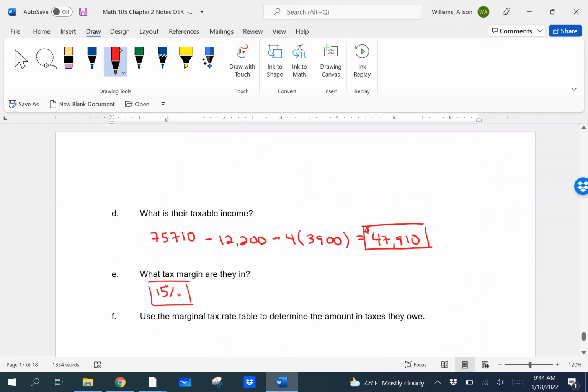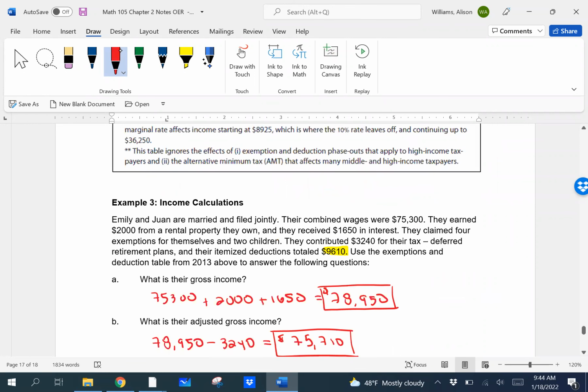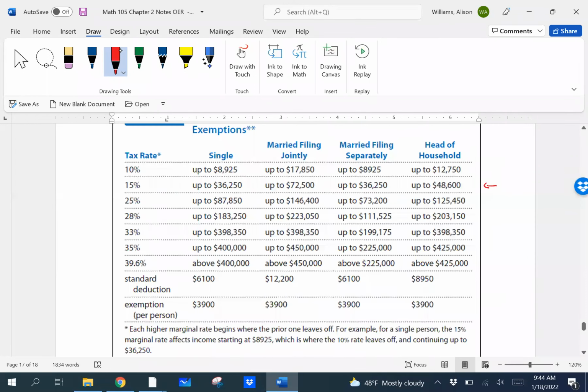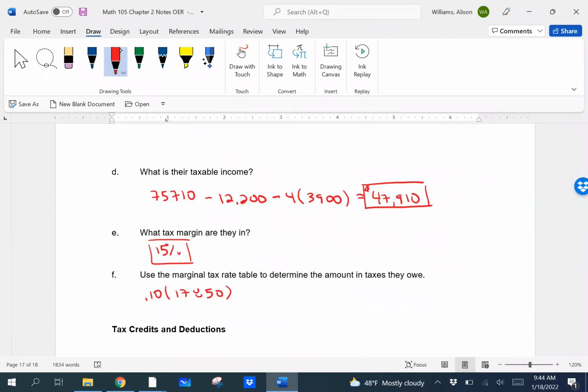So I'm going to calculate that. 17,850. So that is me figuring out the very first row of taxes, which by the way comes out to 1,785. Okay. Then we're going to subtract that $17,000 from their taxable income. And that is what I'm going to pay the 15% on.